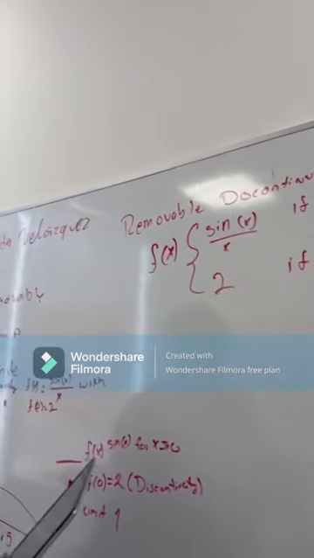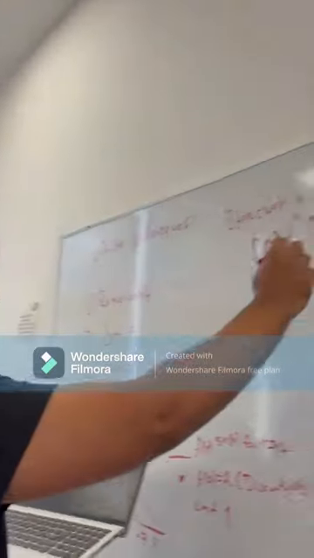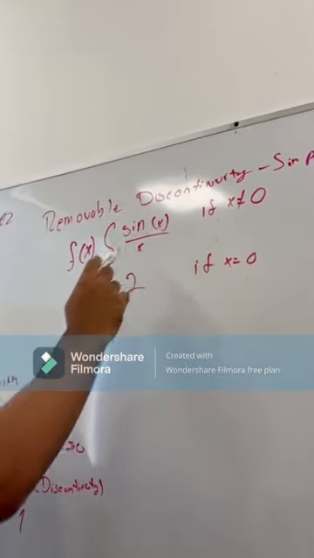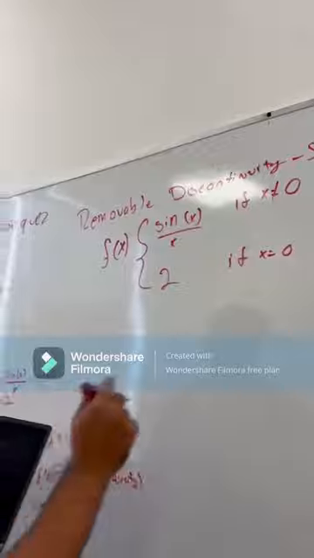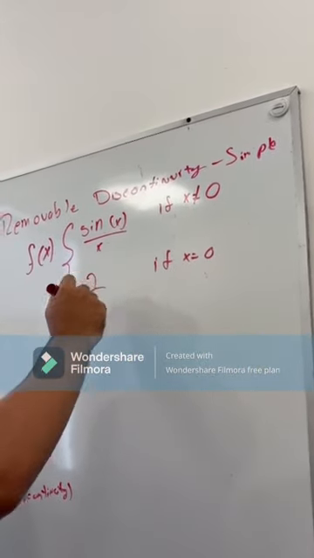Basically, for all values of x except 0, we use the first formula, that is sin x divided by x. But when x is 0, the function is defined as 2.